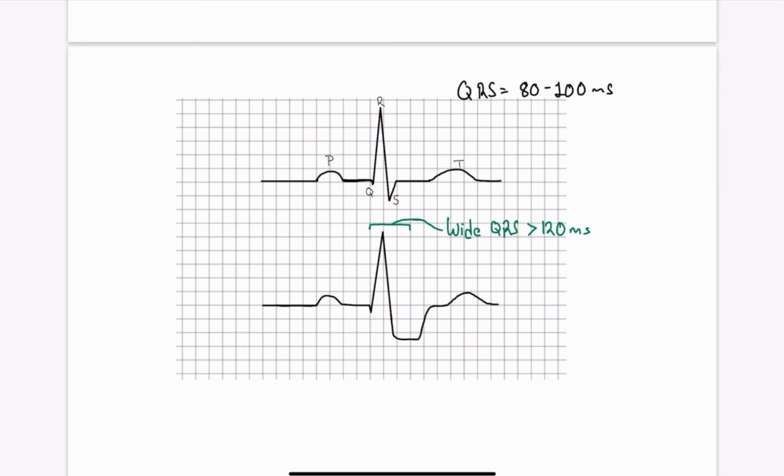Normally, it takes around 80 to 100 milliseconds for ventricular depolarization. But if there is a bundle branch block, this time can increase to more than 120 milliseconds. Because in a bundle branch block, although the depolarization starts in time, it takes longer for the signals to reach one of the ventricles. Hence, the depolarization time will increase. This means the QRS complex will get widened.